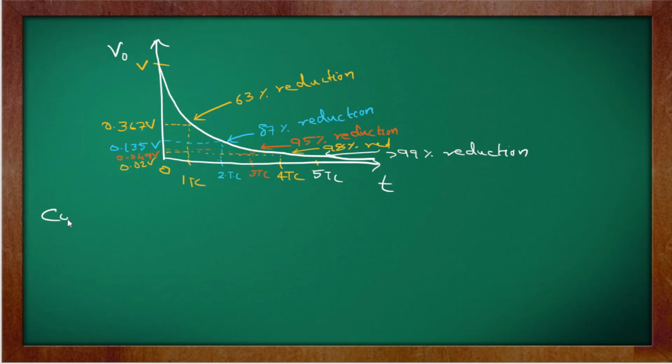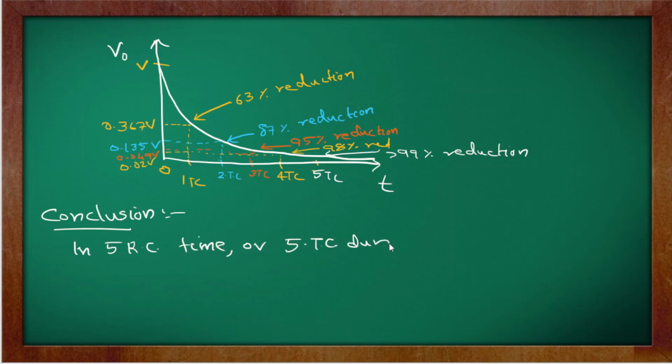So what is our conclusion? We can give some analysis based on this. Our conclusion is that in 5 RC time, or 5 time constant duration, the output has reached approximately 0. Okay, so in 5 time constants, the final value will be reached.